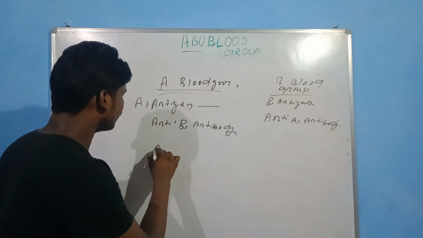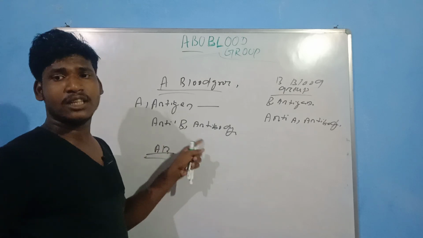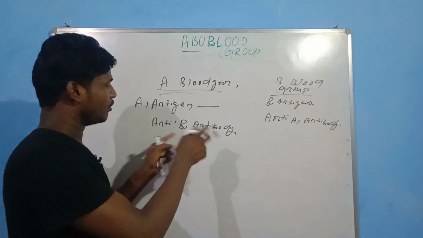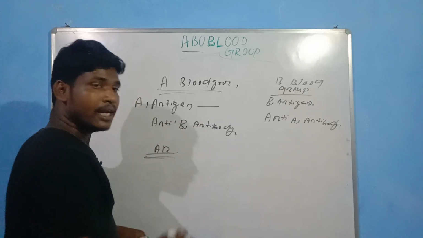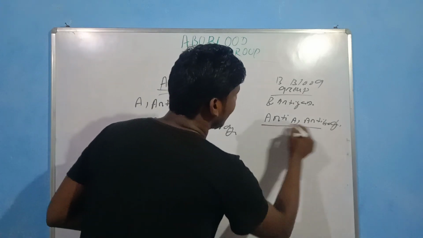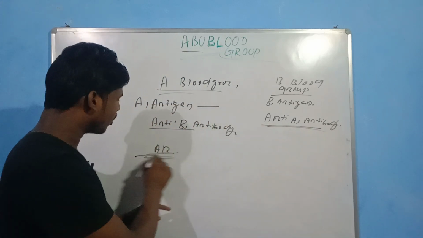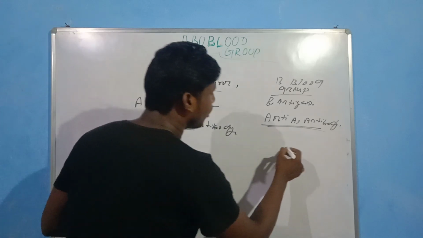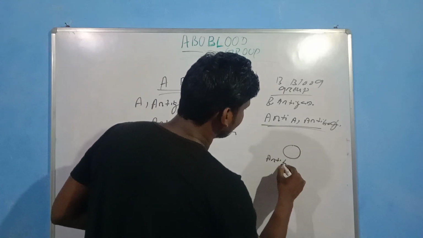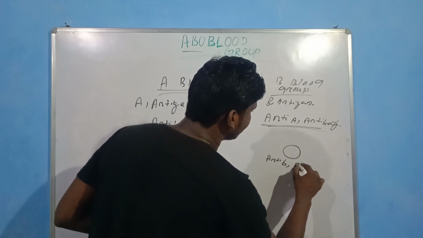And the AB blood group cannot contain anti-A or anti-B antibody; only the AB blood group lacks both. But the O blood group contains both anti-B antibody and anti-A antibody.